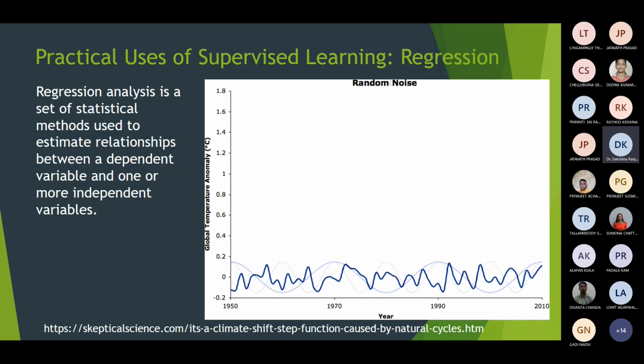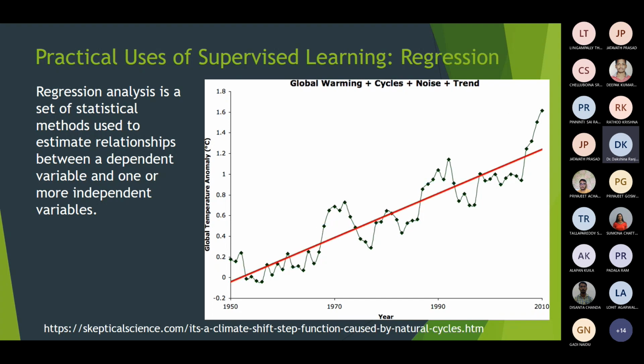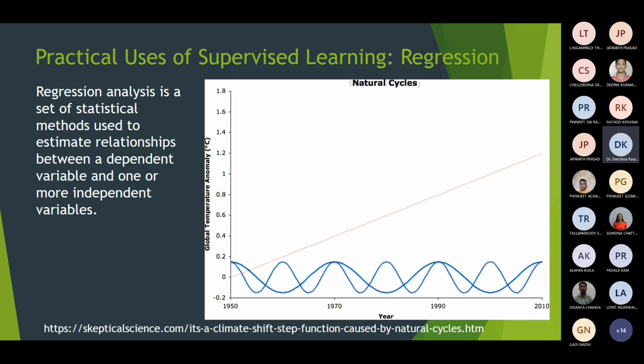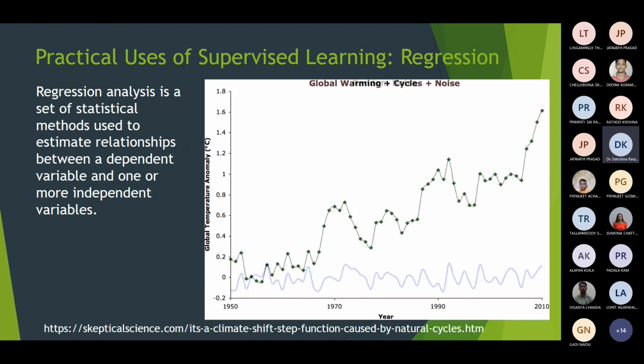Now we will consider an example for regression. Regression is also part of the supervised learning approach, where we find the relationship between a dependent variable and one or more independent variables.